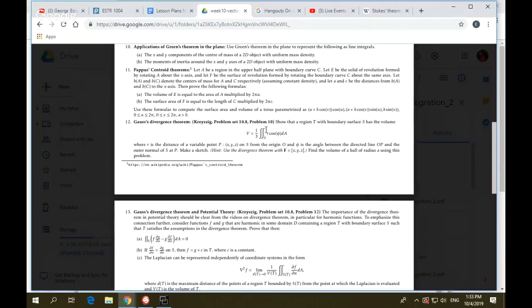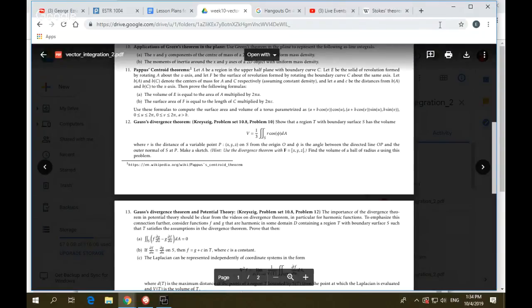Instead of the area being given by a single integral, like the area is actually a double integral, but you can reduce it to a single integral just along the boundary. Similarly, here the volume should be a triple integral, but you can reduce it to a double integral along the surface, right?